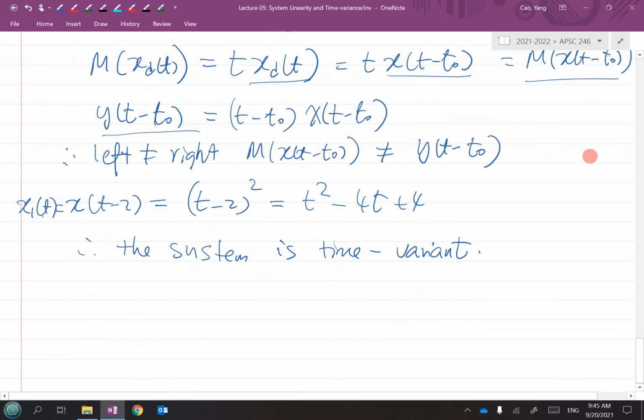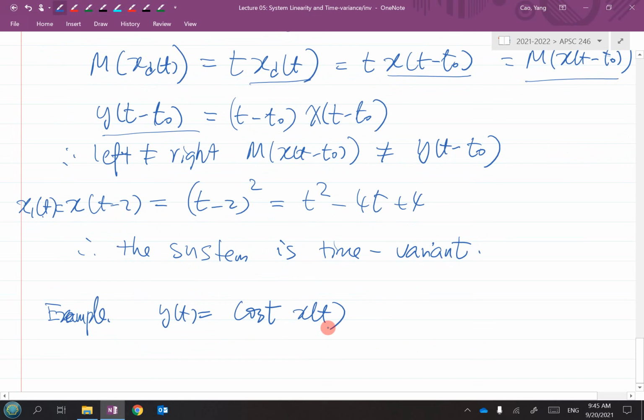So let me ask you another quick example here, and see if you can get a feeling. What if my system is changed to cosine t times x of t? So let's say I have a system of this. Do you think this is a time-variant or time-invariant system? Anybody?